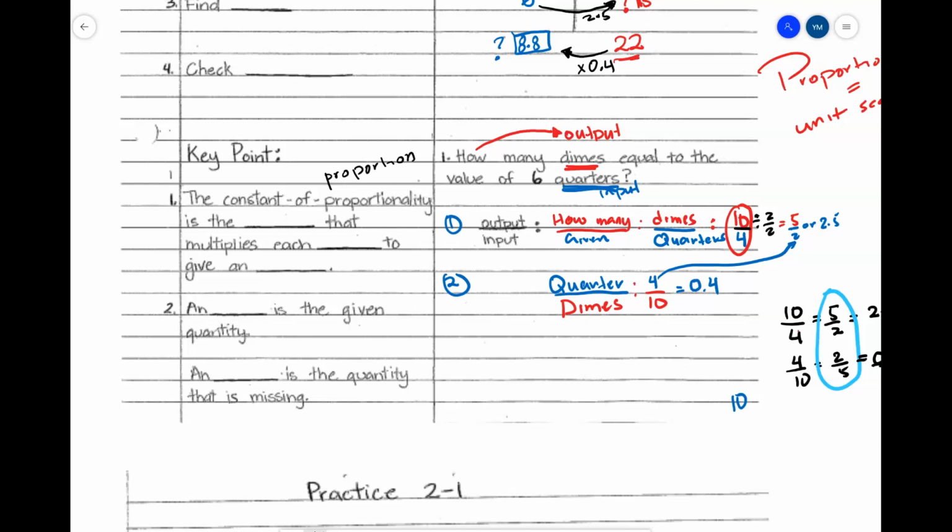It is the unit rate that multiplies each input to give an output. Okay, again, one more time, it is the unit rate.